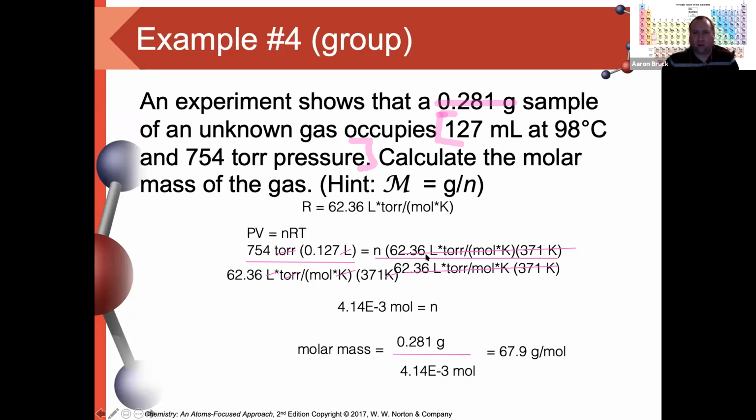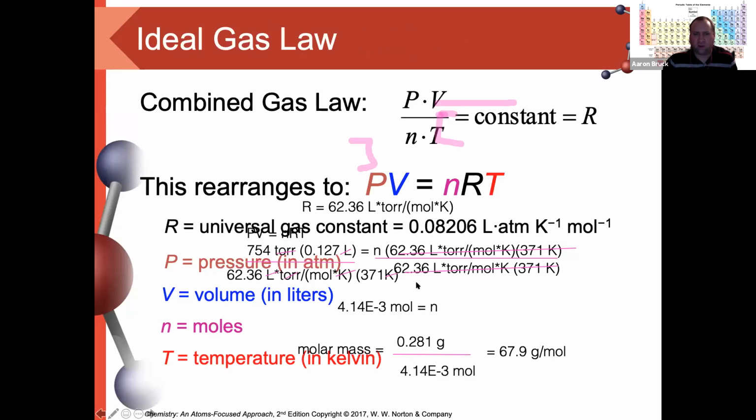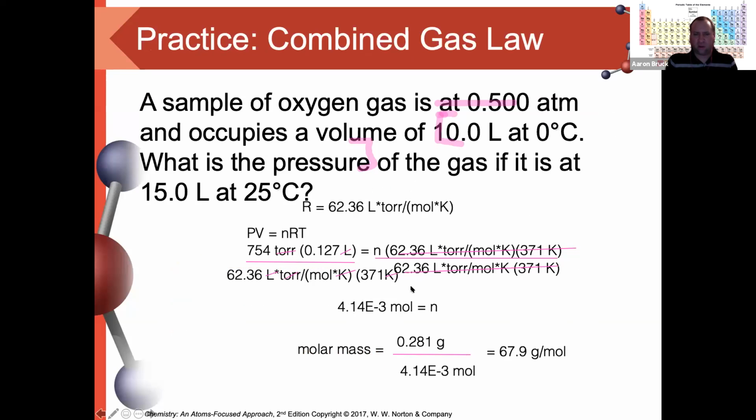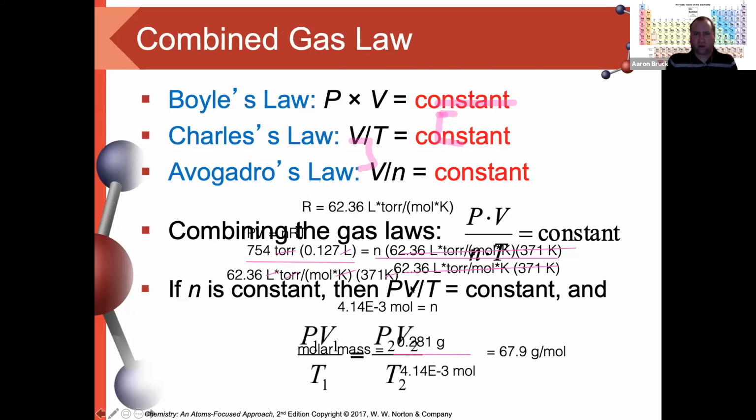I got the 371 K, 98 plus 273. I got the 0.127. I have to remember the 754 torr and the 62.36 because I didn't know. I thought you had to convert it, but you don't have to.